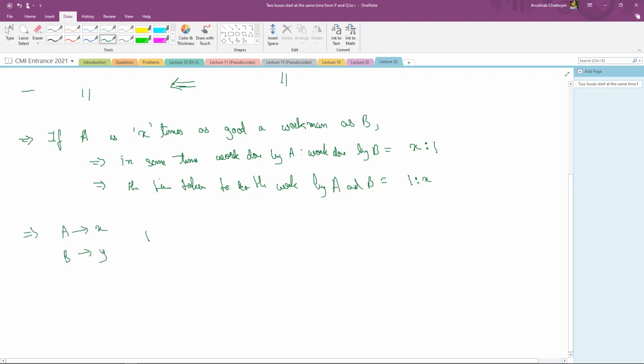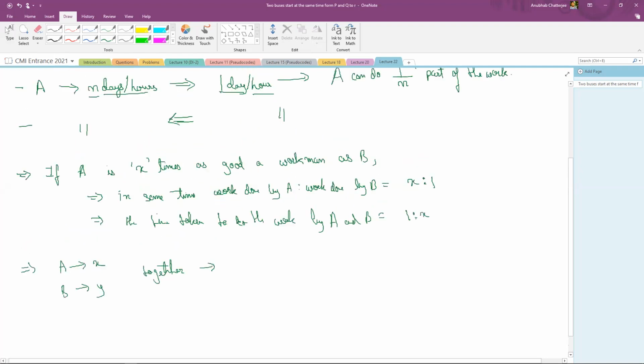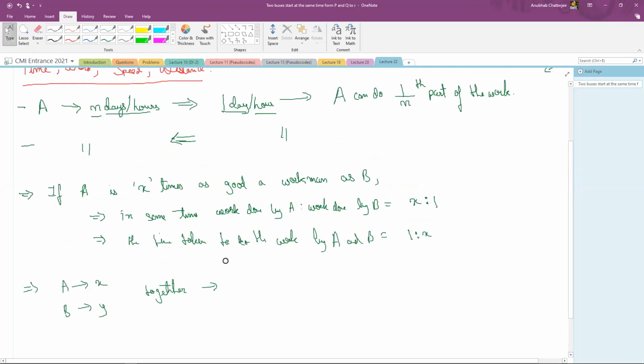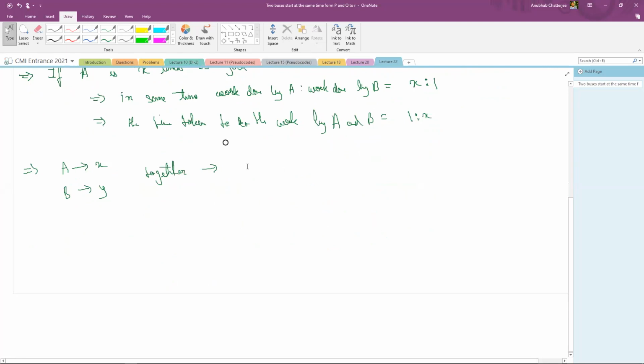Then together, they can finish it in... can someone give me the direct formula? XY by X plus Y. Perfect. So together, A plus B can do it in XY by X plus Y days.